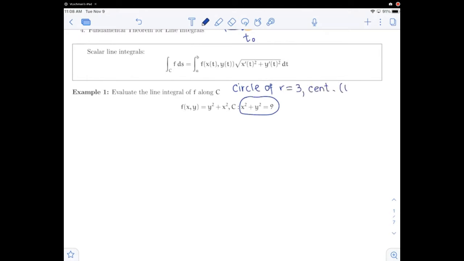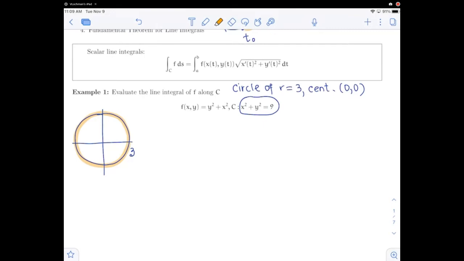Centered at 0, 0. So we're integrating our function over this curve right here. Let's say this is 3. So let me go ahead and give it an orientation. Okay, so that's my circle.